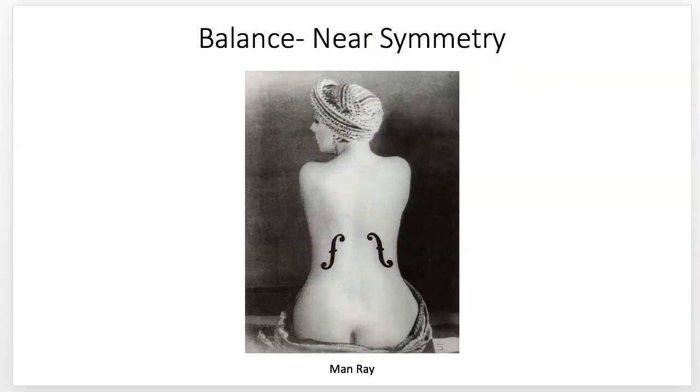Man Ray was a surrealist artist who used a lot of photo montage and things back in the darkroom, and he was working with that type of idea here. It's almost the same on each side, but not dead on the same, so it's near symmetry. It has a reassuring quality to it, but it's a little bit different to make it interesting, so that would be a kind of version of symmetry, we could say.